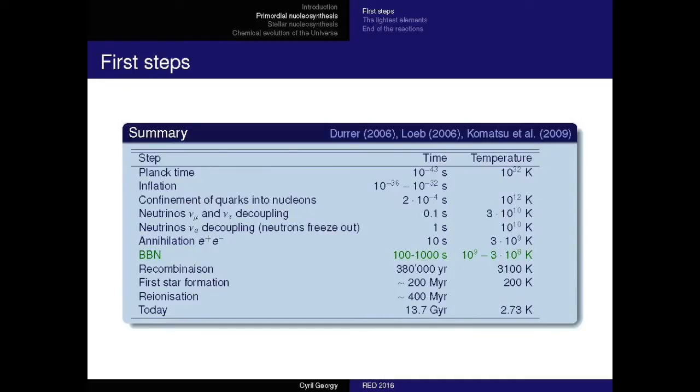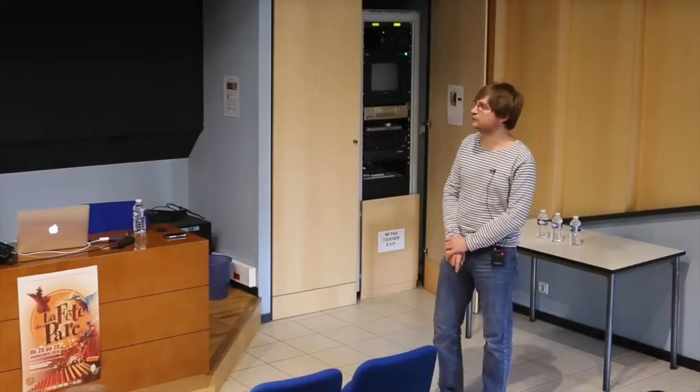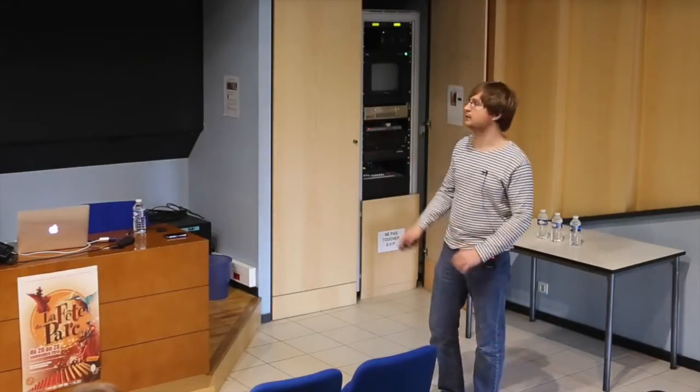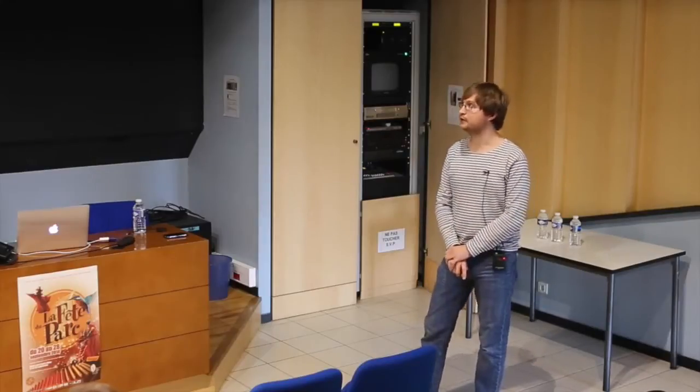After the Planck time, you have an episode that is called inflation that was needed to explain why the universe is so homogeneous. That was the first surprise when people had a look at this CMB that I showed previously: the universe is extremely homogeneous at the time of the CMB emission, and this was not easy to explain.